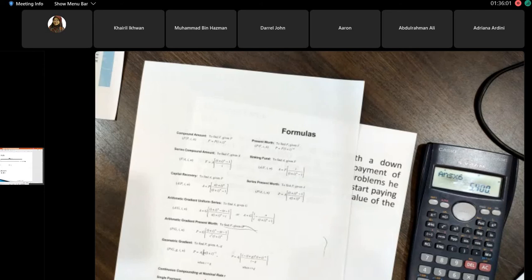Okay, look at the example. Let's say the maintenance cost, ataupun ini bukan maintenance ni. You get maybe payment from, katakan, payment from toll ke apa kan. So let's say the amount is 6,000 ringgit per year. Sampai bila-bila pun you will get the 6,000 per year without any end.